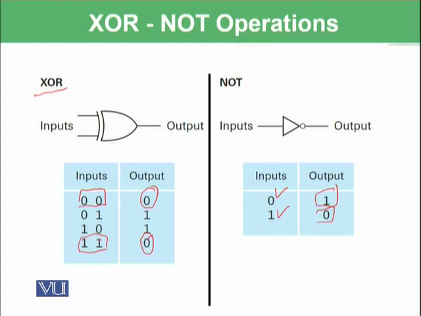And exclusive OR produces an output of 1 when the inputs are opposite, so either one is 0 or the other is 0. You can also say that exclusive OR is used in situations where you need an output of 1 when either of the inputs is 1, but not both of the inputs are 1.